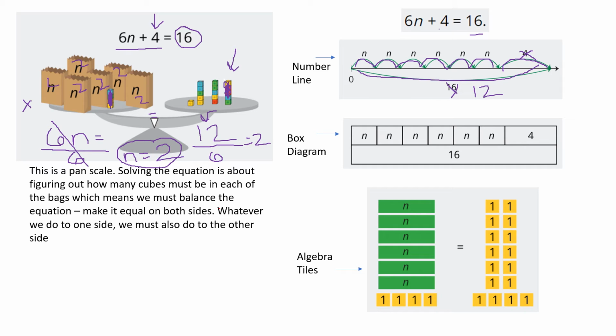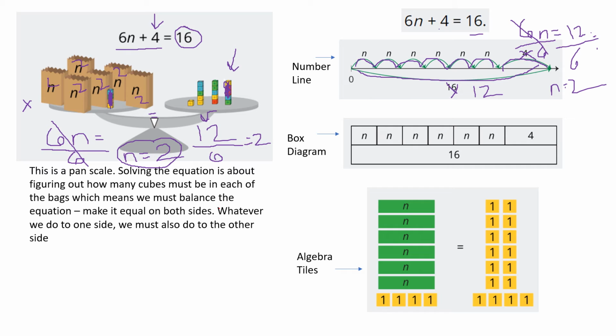Then you have your 1, 2, 3, 4, 5, 6n. So that leaves you with 6n equals 12. Then you do the opposite of multiplication, which is division. The 6's cancel out, and you're left with n equals 12 divided by 6, which gives you 2.